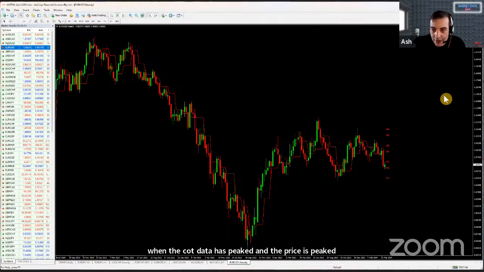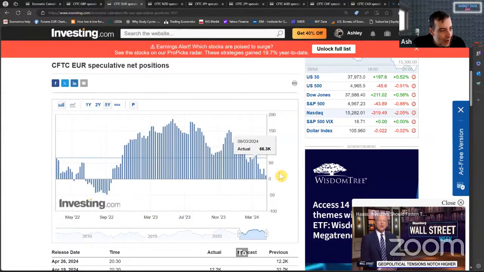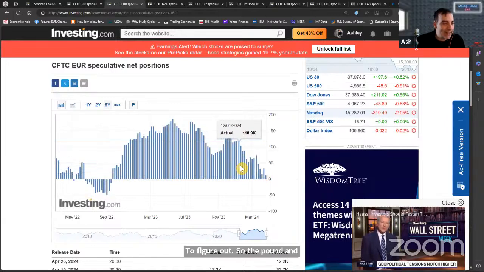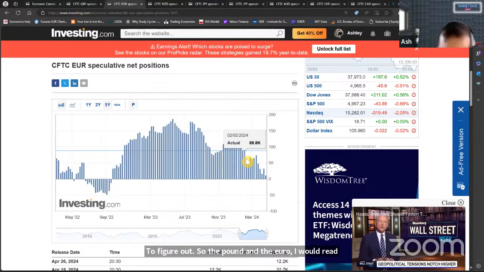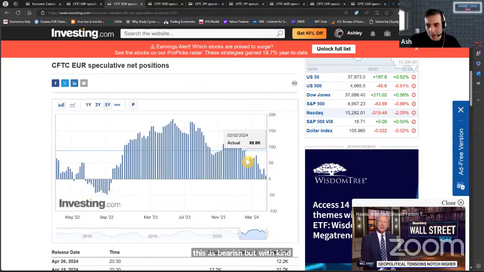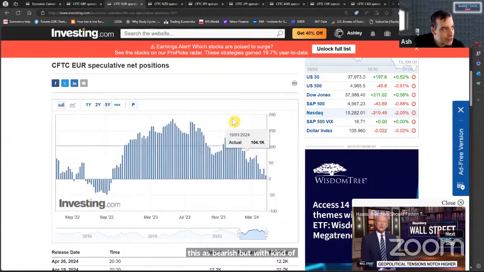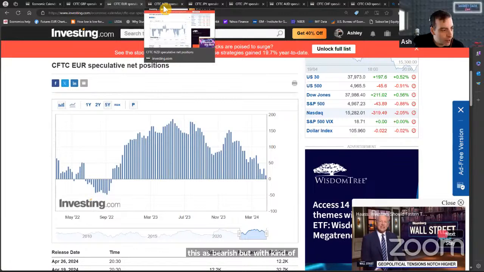It's a much better way to kind of use the COT data, rather than looking in these areas. These areas just become just that little bit trickier to figure out. So the pound and the euro, I would read this as bearish, but with kind of caution. So cautiously bearish, particularly because of where price is.